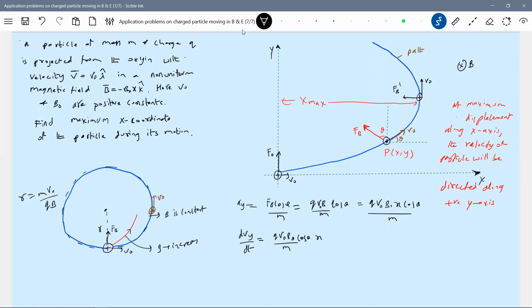But we want the x coordinate, no, what to do with Vy? So this, I'll adjust some. Let's see what to do with cos theta. dVy by dx times dx by dt.